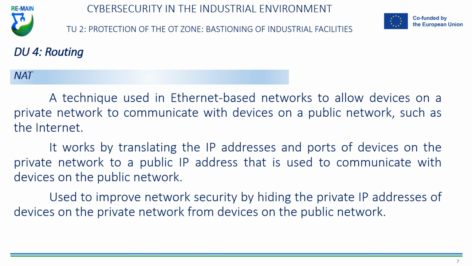Each device uses a different port on the public IP address to identify and track connections. Protocol translation is used to allow devices on different networks with different network protocols to communicate with each other. For example, NAT can translate the IPv4 protocol of a private network to IPv6 for communication with a public network.